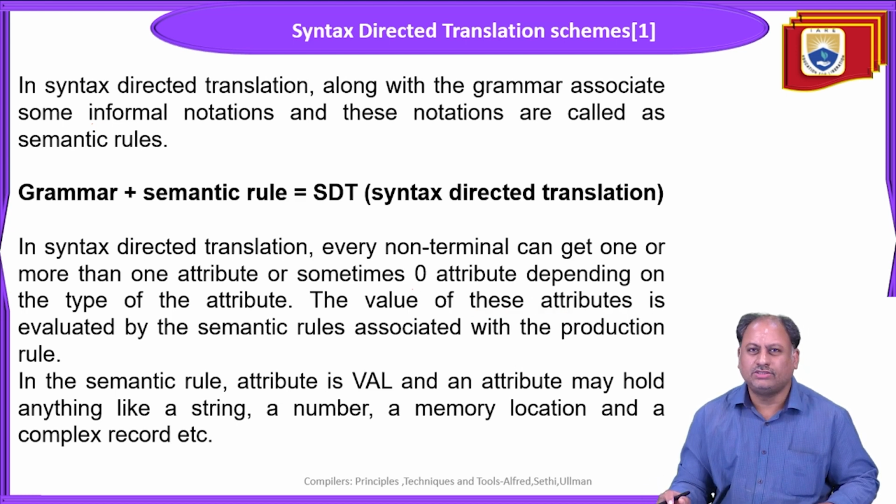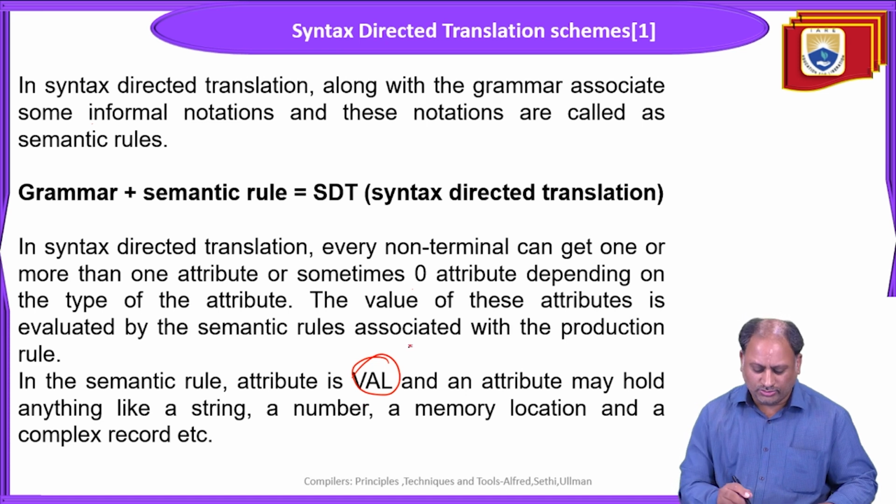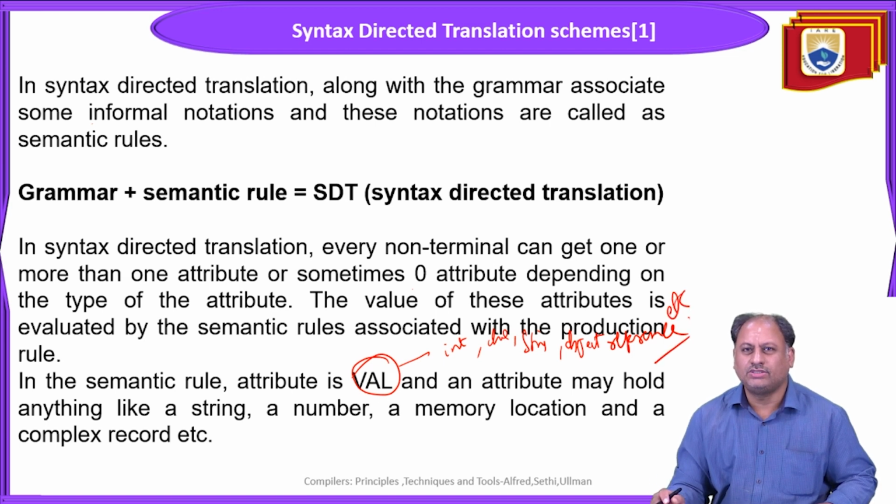The main concept is that the attribute notation is described as a value representation, and the attribute holds some value, maybe an integer number, a character or string, an object reference, and so on. These are described as the association of attribute values for the given context of the grammar.